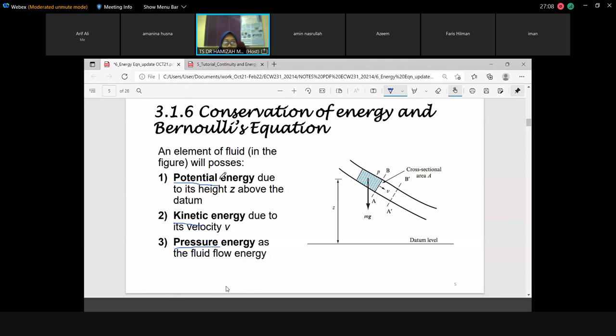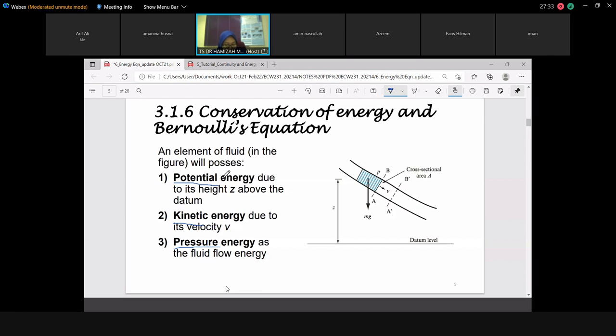Okay, sama juga potential energy ni, apa contoh potential energy yang you belajar on physics sebelum ni? Ingat lagi tak? Dekat mana berlaku potential energy? Dia punya situation. Kalau kinetic, bila start moving.